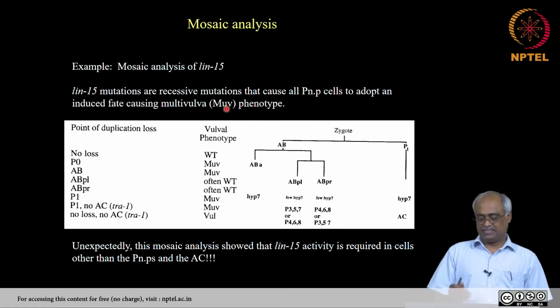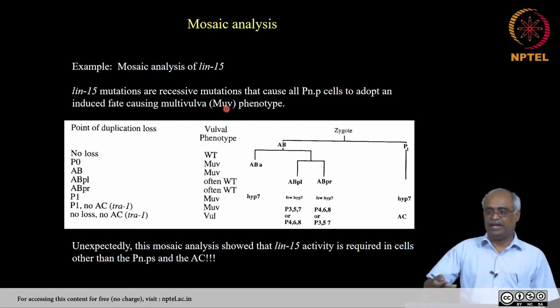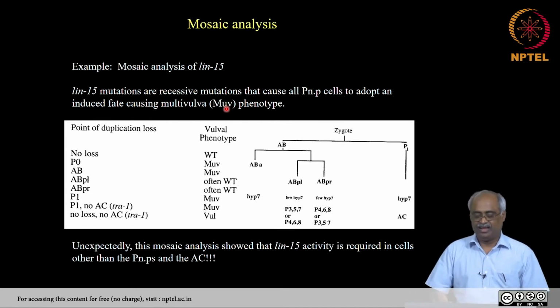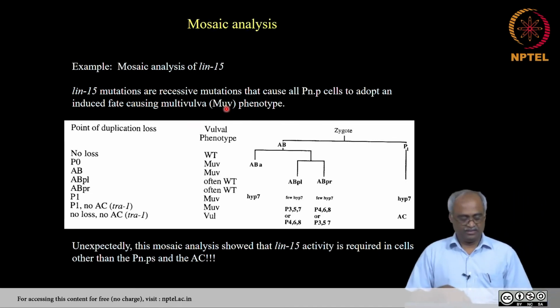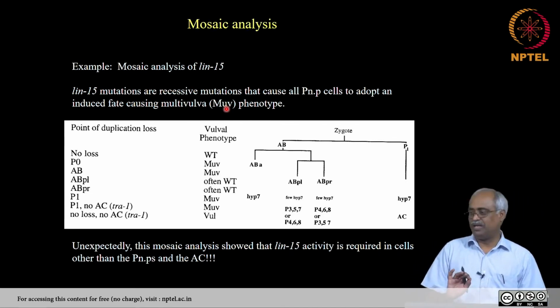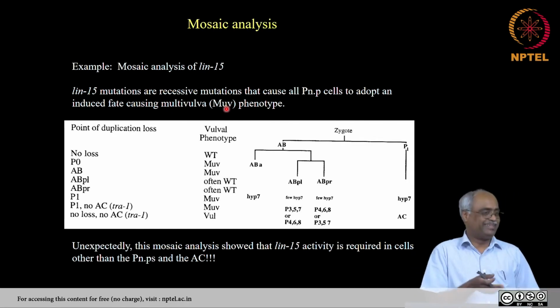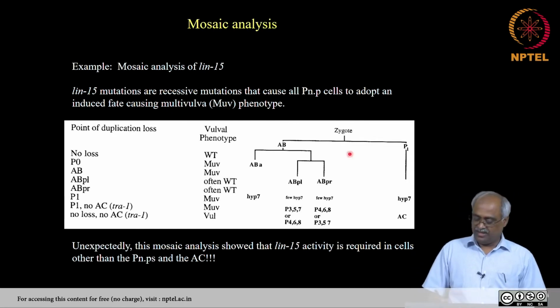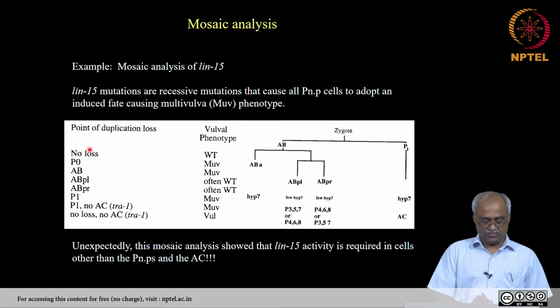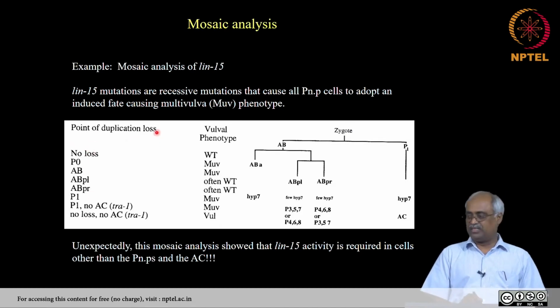Now let us provide a duplication having a wild type copy of Lin15 and a marker, let us say NCL itself. Now you follow from zygote, and you are seeing at what point the duplication is going to be lost, and you are going to look at the phenotype.